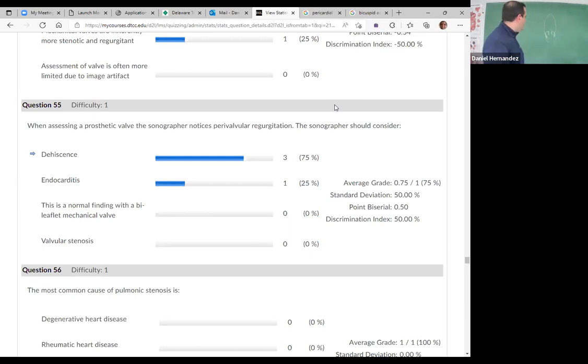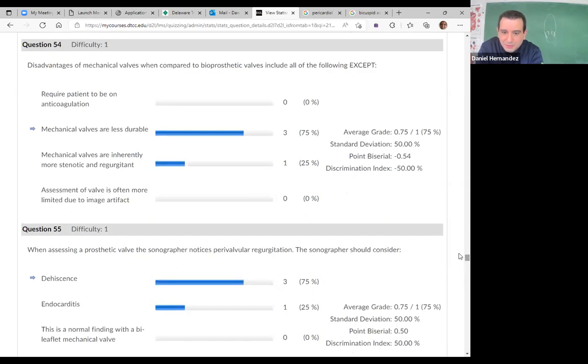But anytime you see perivalvular regurgitation along that periphery near the annulus, that should really start raising red flags and should be considered a clinical emergency.